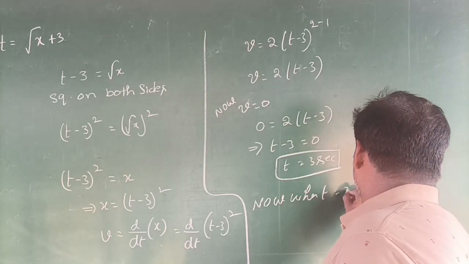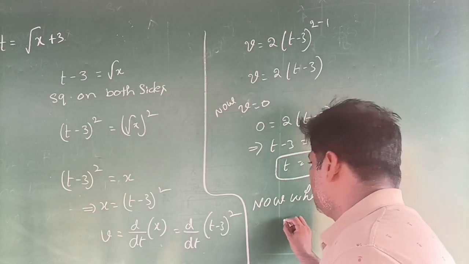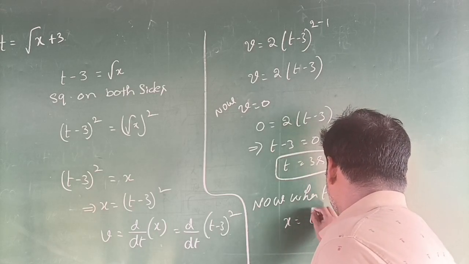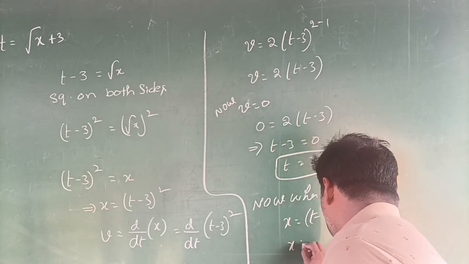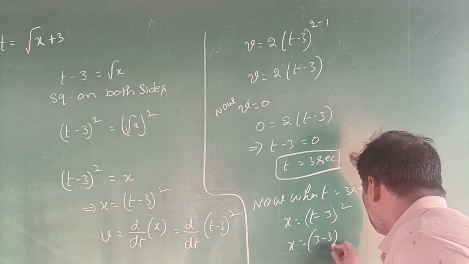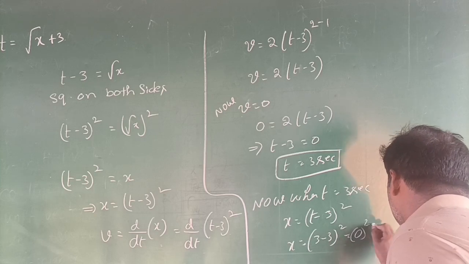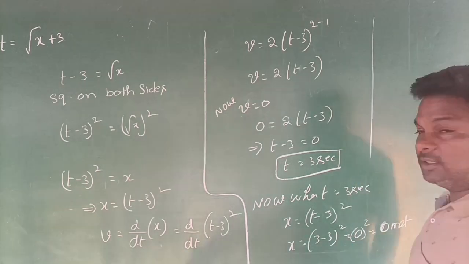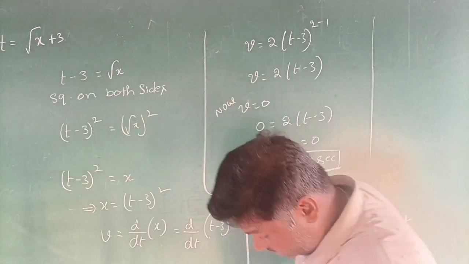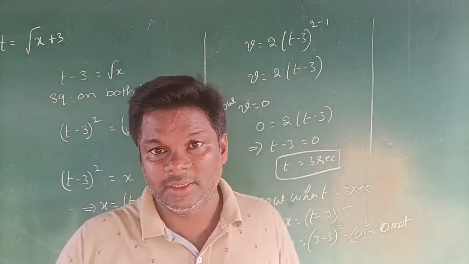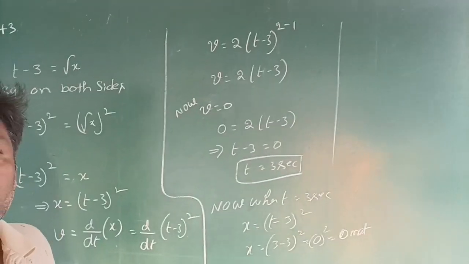When t is equal to 3 seconds, x is equal to t minus 3 whole square, becomes 3 minus 3 whole square, that is equal to 0 squared. Oh, 0 meters. So here, after traveling up to 3 seconds, its displacement becomes 0.